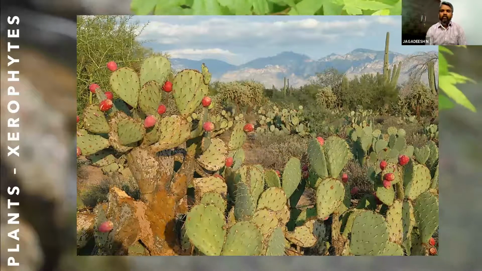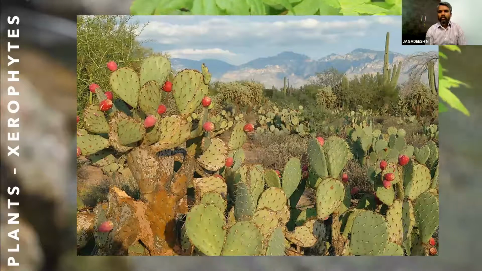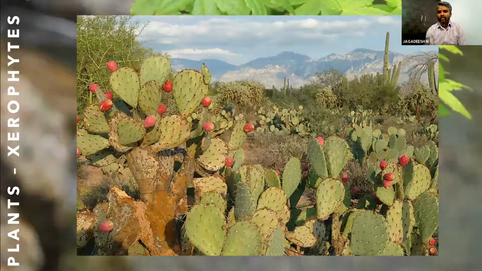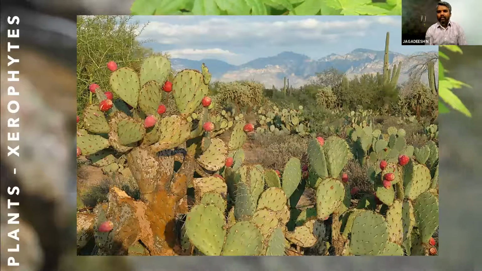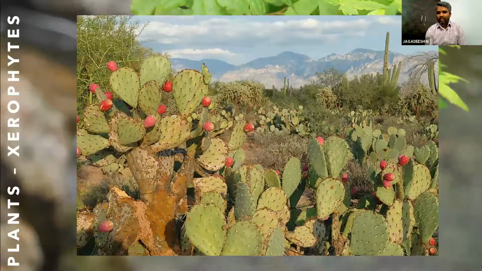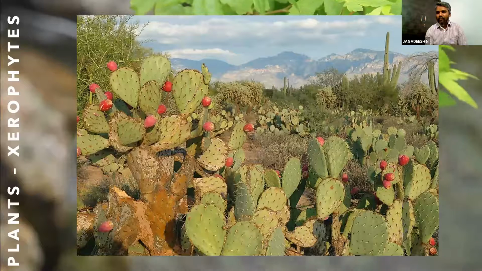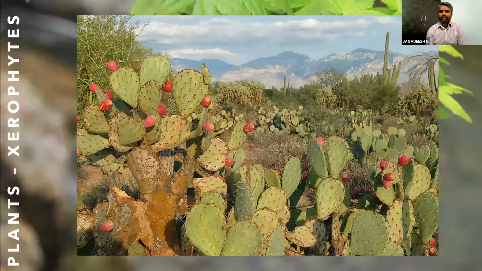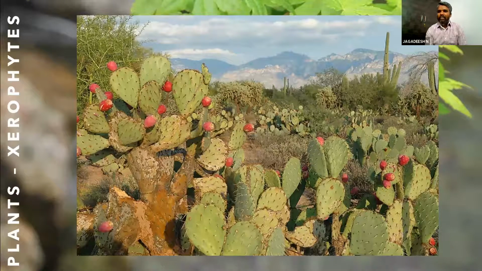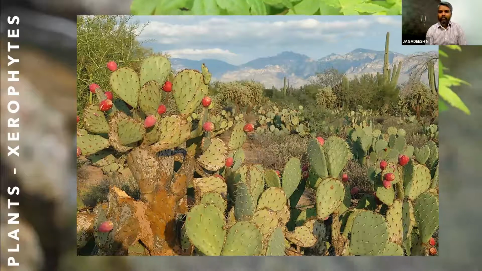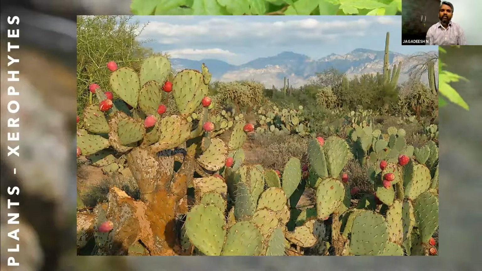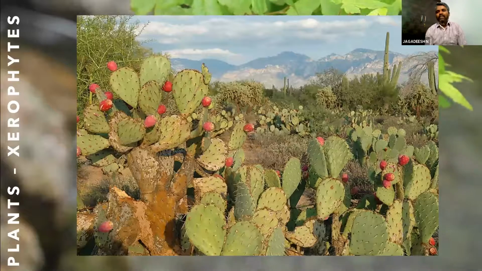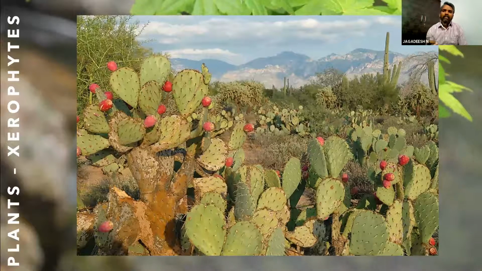In the process of photosynthesis, there is a loss of moisture from the plants. As the condition is very scanty rainfall in the desert, having leaves will be detrimental to the growth of the plants. That is why the leaves are replaced with thorns.